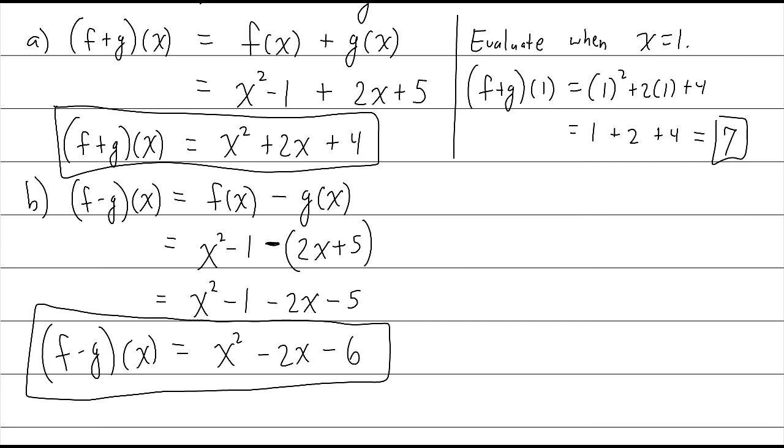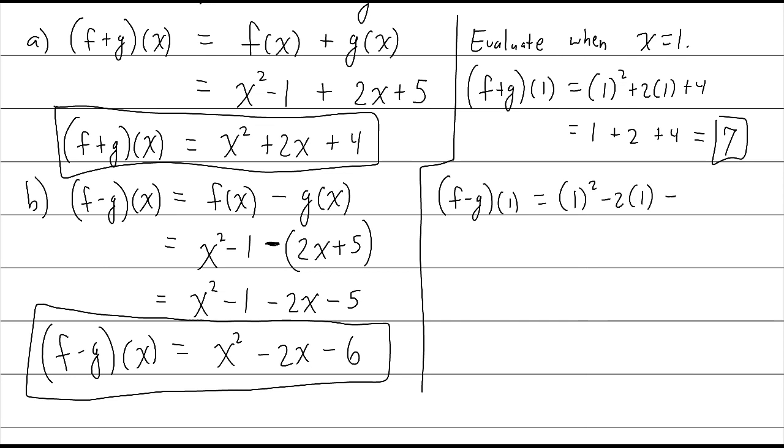All right, while we're at it, again, let's evaluate. Let's find f minus g of 1, now that we have the formula. 1 minus 2 minus 6. 1 minus 2 is negative 1, minus 6 is negative 7. Okay, so positive 7 and negative 7.